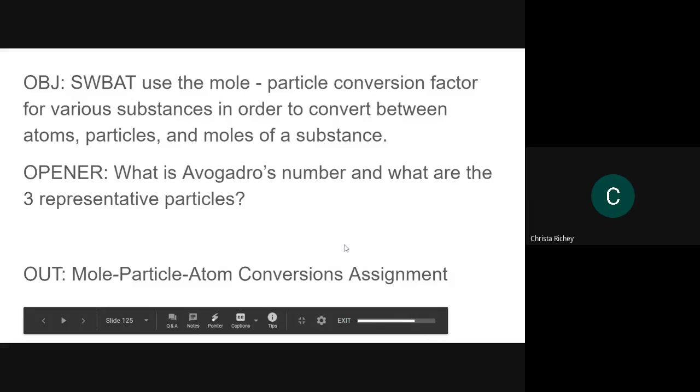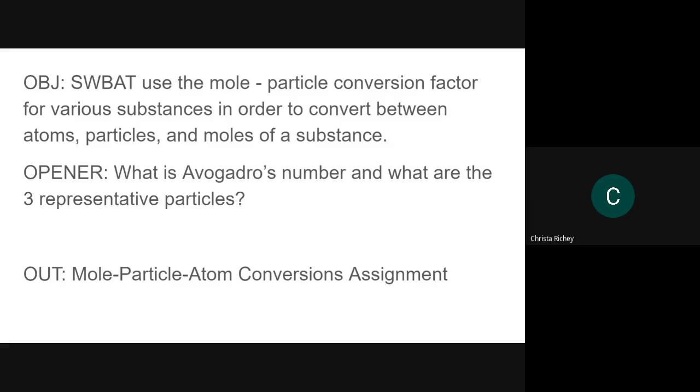So yesterday we were doing one step mole-gram, gram-mole problems.